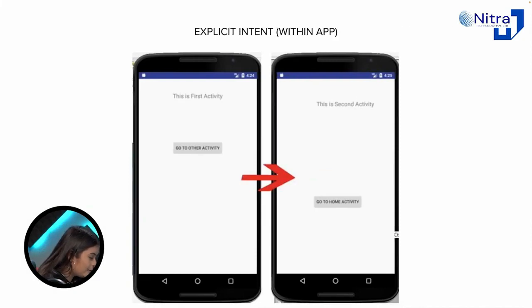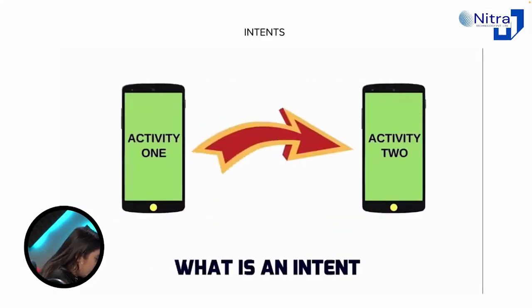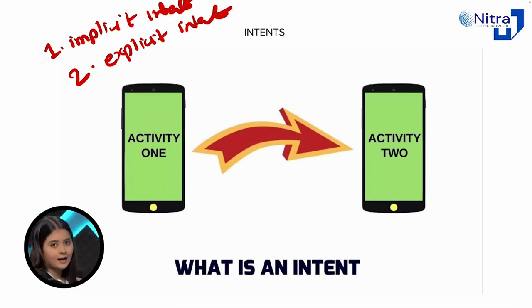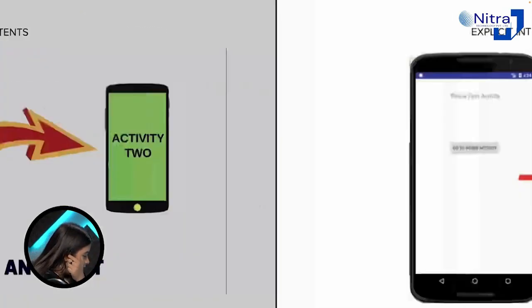These are of two types mainly. Very first is your implicit intent, and the second one is explicit intent. So let's understand what these two intents are, implicit and explicit.